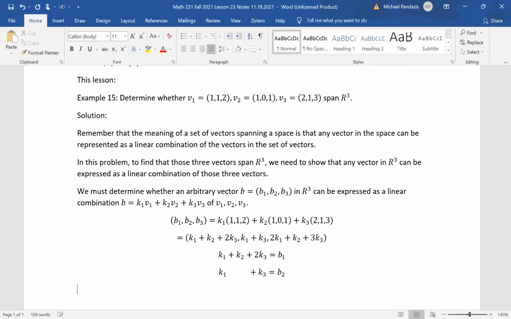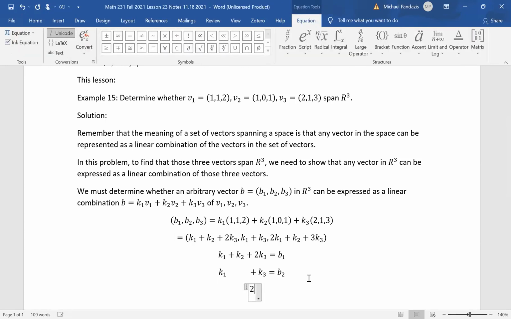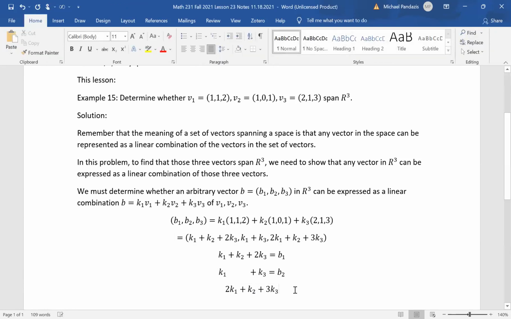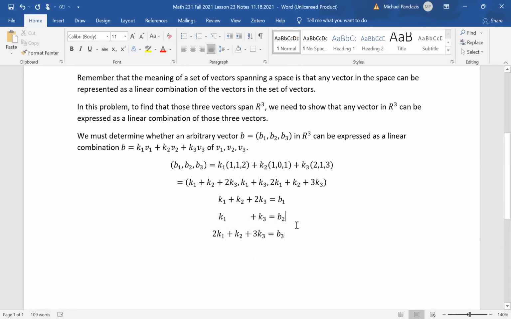Okay, and you have the third component, which is 2K1 plus K2 plus 3K3 is equal to B3. Okay, and so you now have those 3 corresponding equations.